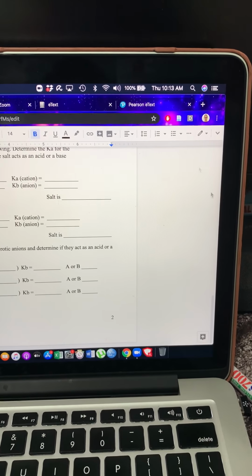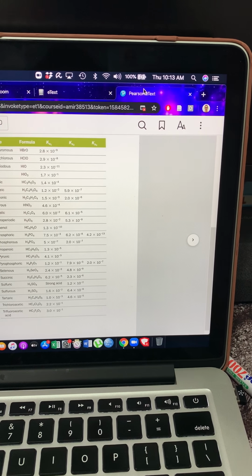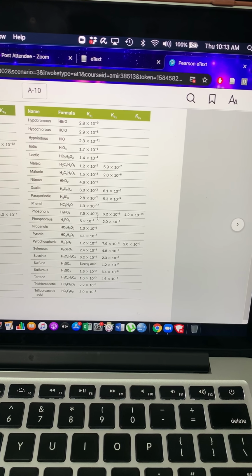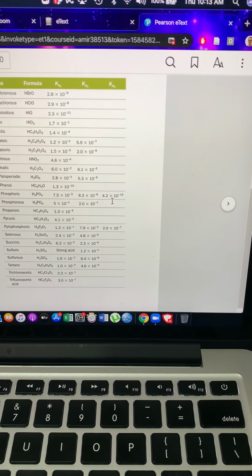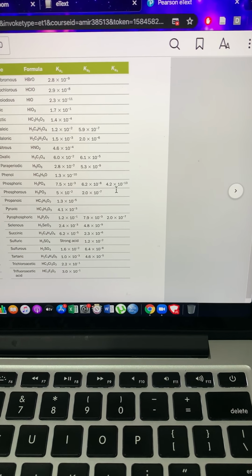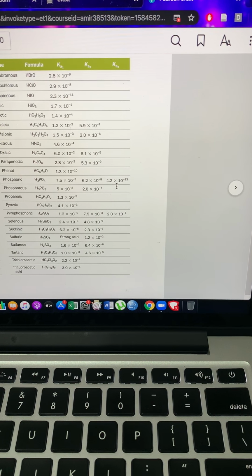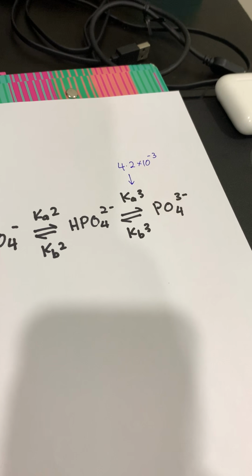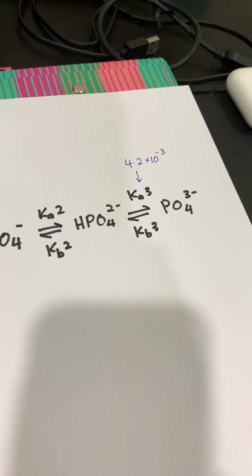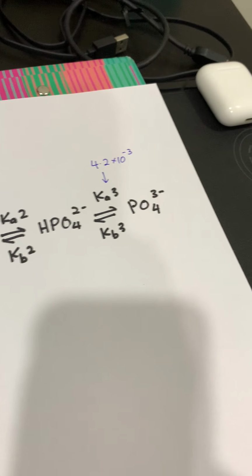So when you look at the table, the third Ka, 4.2 times 10 minus 13. Okay, so that is the Ka3, the value of it losing that final proton to become phosphate.